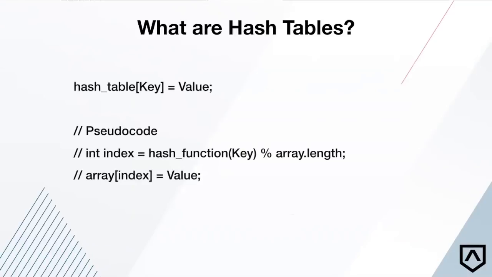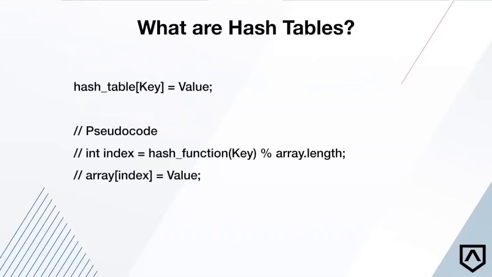Now, if we're looking at it in pseudocode, the way that's usually expressed is with square brackets. So with our hash table, you give it a key, and then you set it equal to a value. And underneath the hood, again, we're finding an index by taking a hash function and running the key through that hash function. We're running it through a modulo of the length of the array.